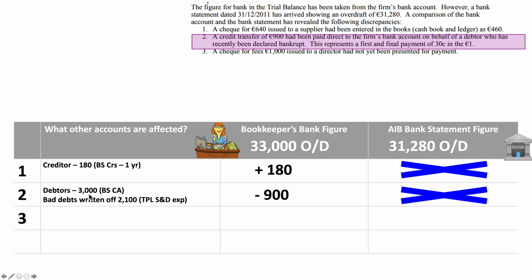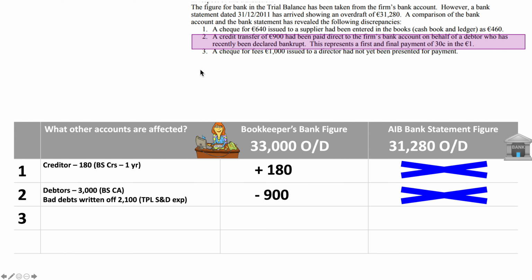So the debtor is going to reduce by €3,000. So the 2,100 is going to be bad debts written off, which is obviously not great news for the business.